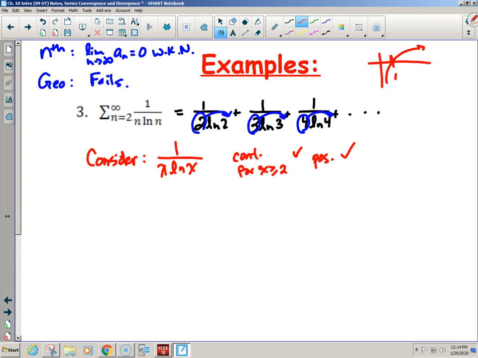Since ln is increasing, ln of 4, ln of 9, ln of 27, ln of 256. What's going to be happening to these terms? Getting smaller, good, because the denominator is going to keep increasing, which means the whole thing is going to be decreasing. Good so far? Okay.